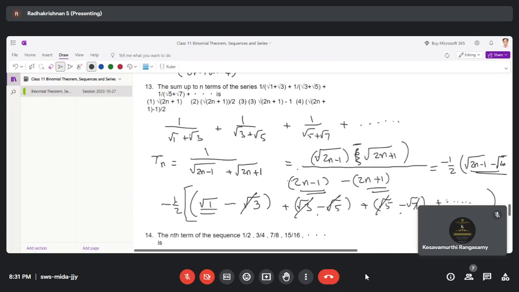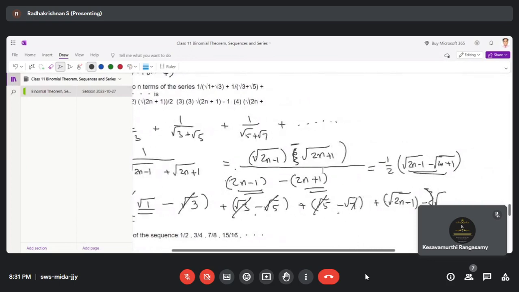We already wrote this, right? This is your nth term, root of. So this is how it is going to come, right? Now you see that all up to this 2n minus 1 will get cancelled.